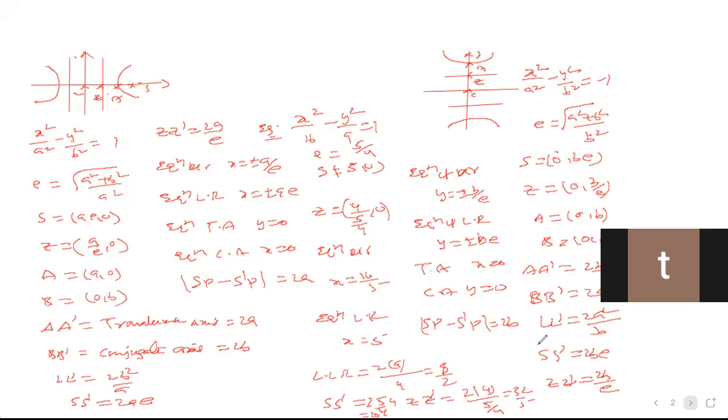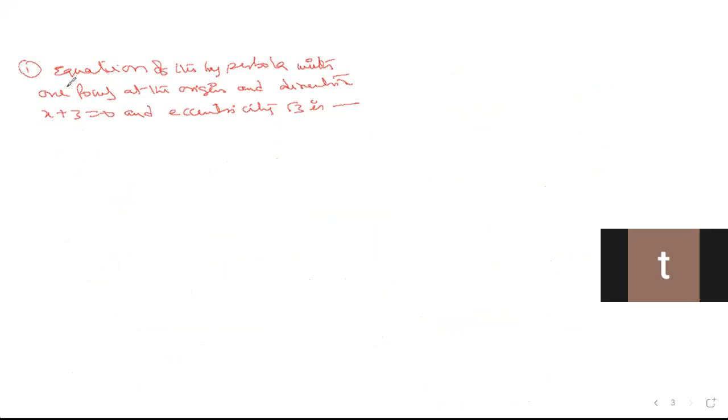Now this is the equation of the hyperbola with one focus at the origin, with this directrix and this eccentricity. We should stick to the concept. PS is under root of x square plus y square, e is root 3, and PM is mod of x plus 3.